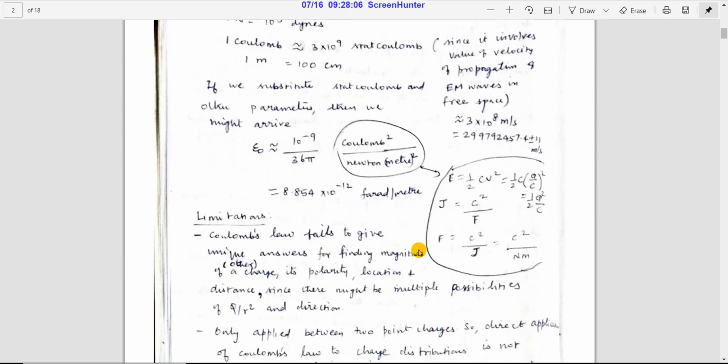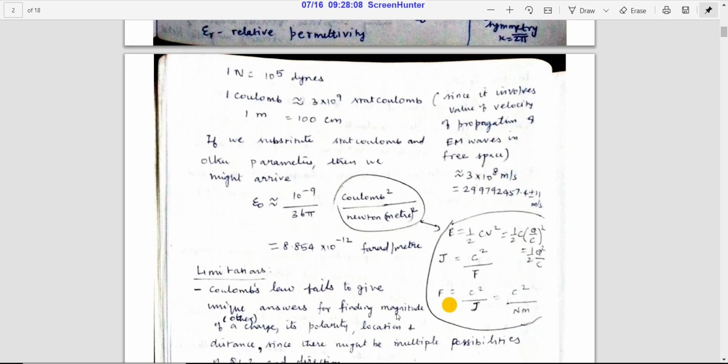I have given the details of how it has been derived: it has been derived from the MKS system. They defined some of the MKS constants, and from those constants they derived the value of epsilon naught.